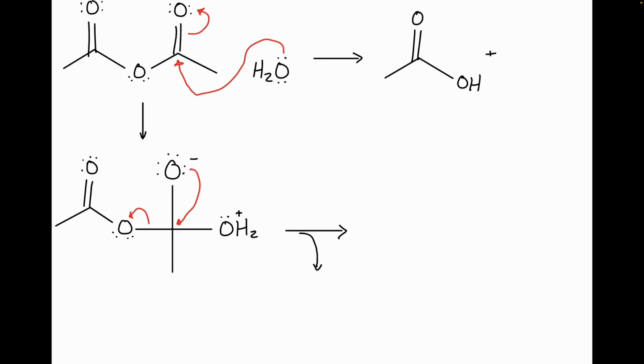All right, so we're going to get both a carboxylic acid and that carboxylate ion as our product. One of them is formed with that water that's acting as a nucleophile, and the other is my carboxylate leaving group that got kicked off in this reaction here.